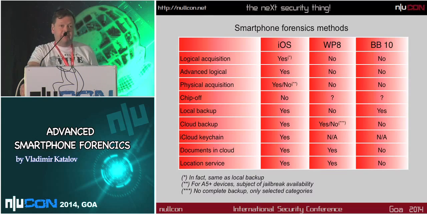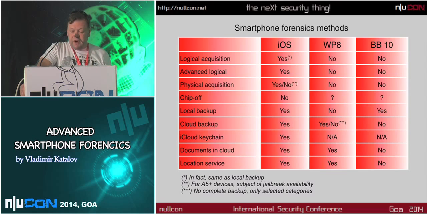You can also create just a local backup of the smartphone. Most of the vendors provide special software for that. And for iPhone, there are a few additional methods of extracting information. First of all, you have the complete backup in the cloud, of course, if the appropriate setting is set on the iPhone.